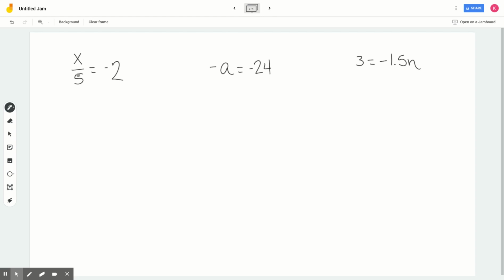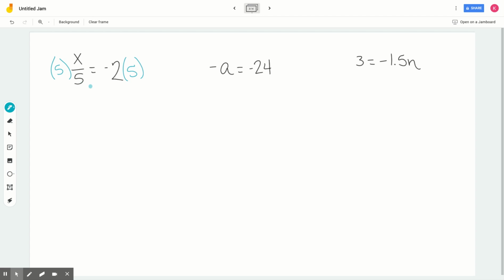So here we have x over 5 equals -2. And we need to remember that that fraction bar can also mean division. So what is the opposite of division? Well, the opposite of division is to multiply. So instead of dividing by 5, we're going to multiply by 5 on each side.